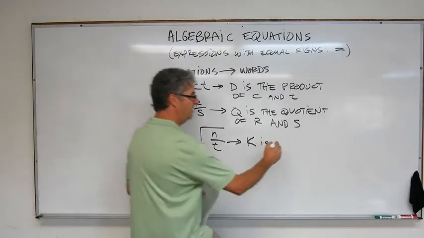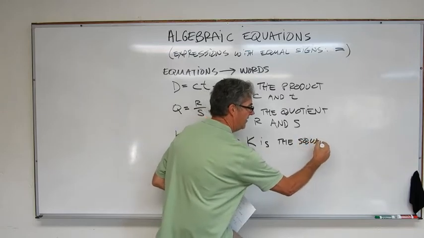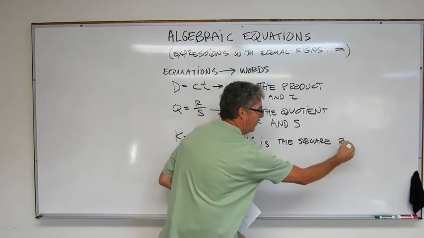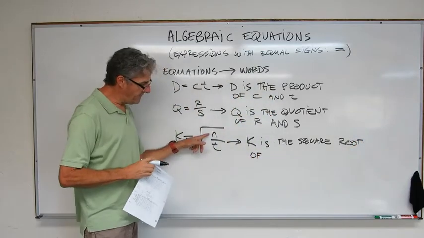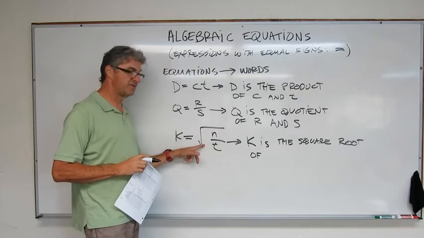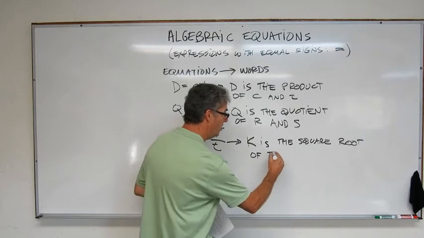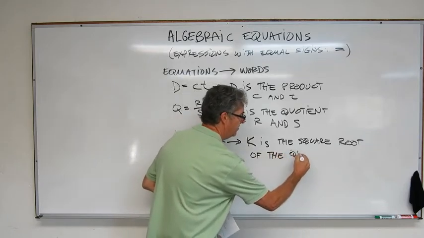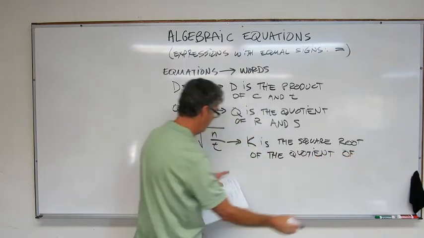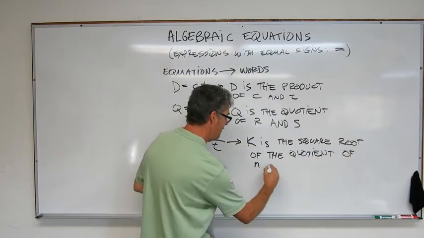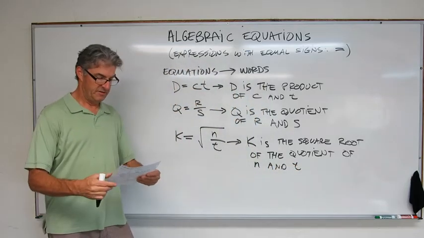So we're just going to go the square root of, now I've got a quotient under the root sign. So I'm just going to keep going like that one. So it's the square root of the quotient of, we've got what? N and T. Okay? Sweet.